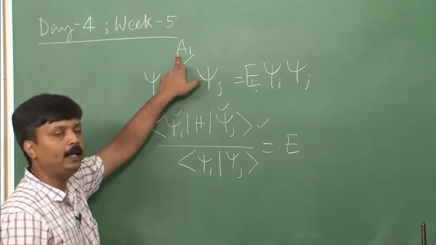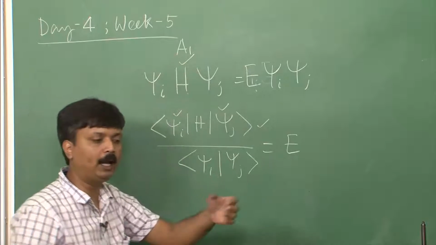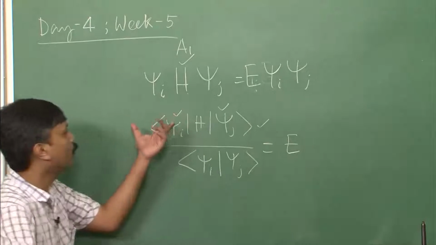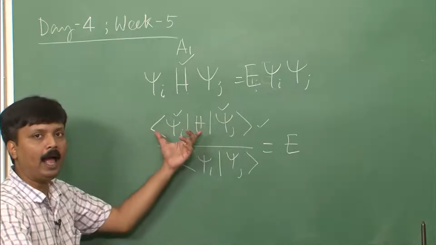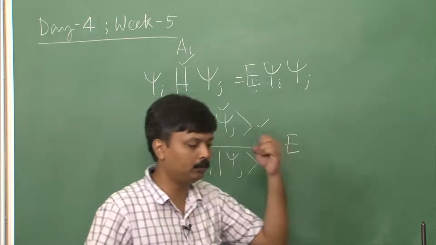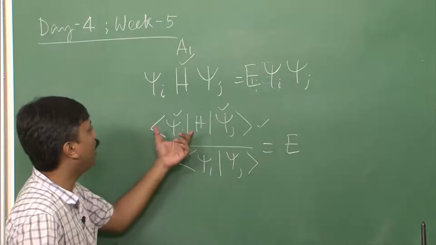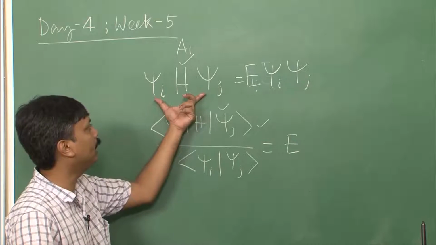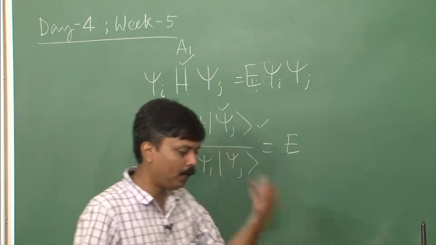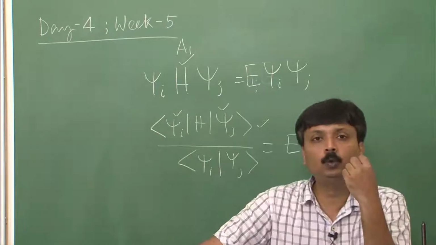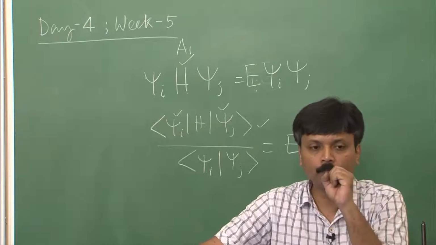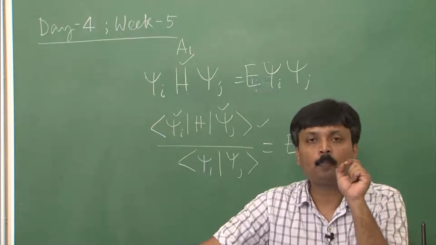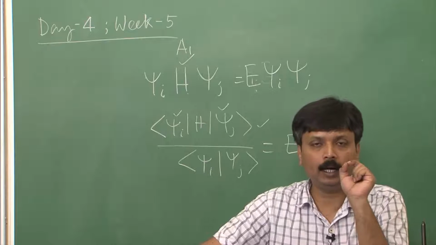Now, you multiply anything with A1 and it will give you back the same irreducible representation, because you are just multiplying with plus 1. So if this integral has to survive, the direct product of psi I and psi j, meaning the direct product of the irreducible representations to which psi I and psi j belong, should either yield the totally symmetric IR or should contain the totally symmetric IR.